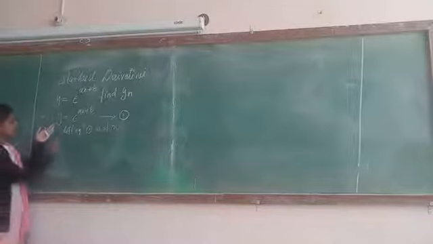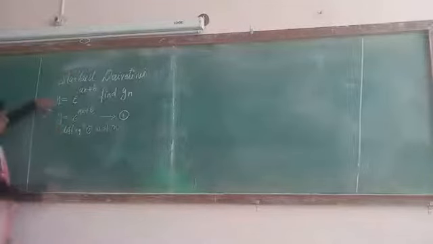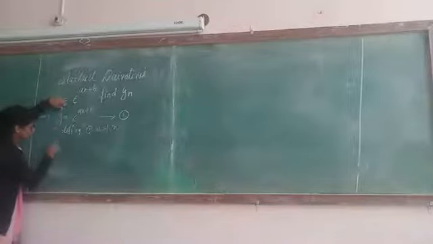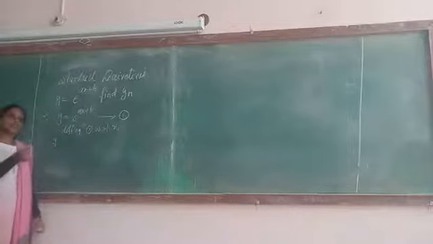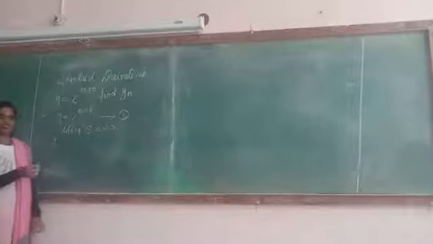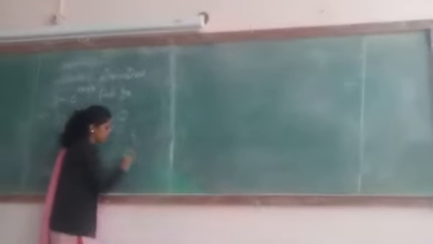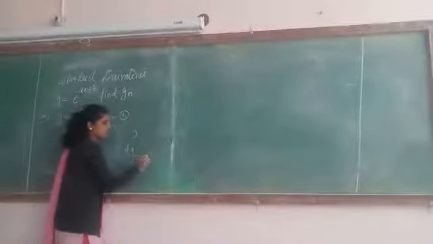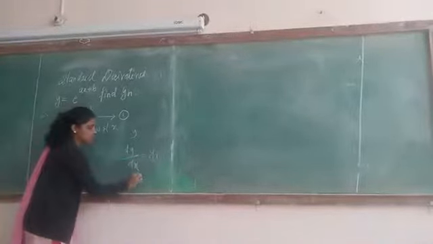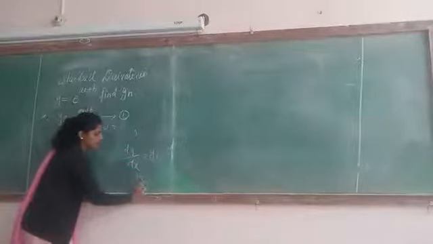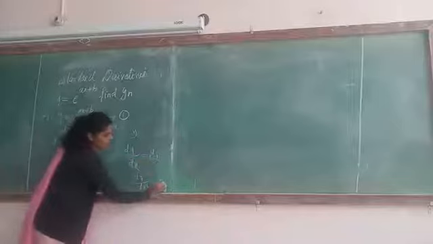Okay. See here, if we differentiate this y, we write dy by dx, or you can write y1. First derivative: derivative of y we can write as dy by dx, or y1. The second derivative is d square y by dx square, and the derivative of y1 is y2.